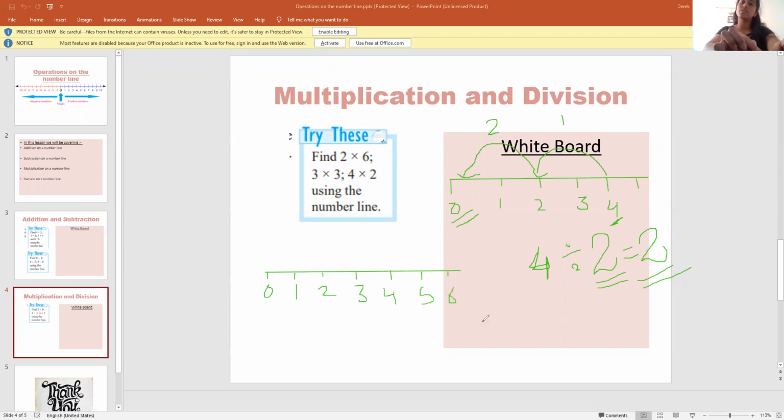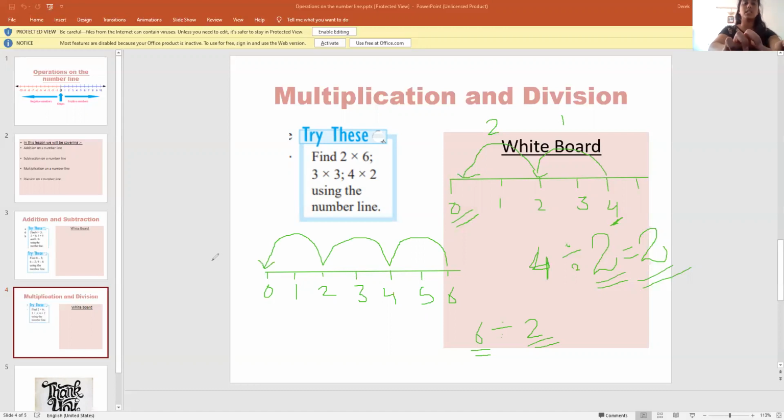Okay, so the question is 6 divided by 2. So 6 is going to be your starting point, and 2 will tell you in one jump how many numbers you're supposed to skip. So 2 numbers in one jump. So 1 jump, 2 jump, and the third jump.